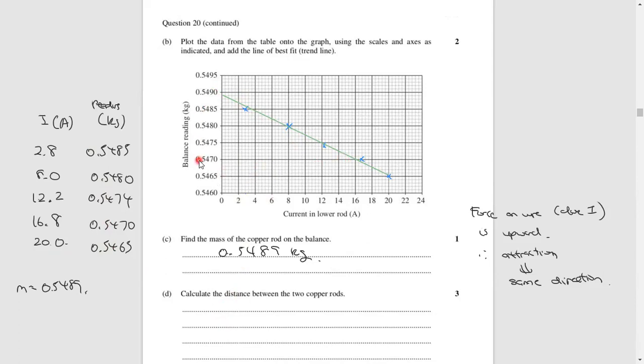Now this is the balance reading, which is kilograms, which is M. Now you understand that basically the force that the balance reading measures is going to be weight minus the force of the attraction.